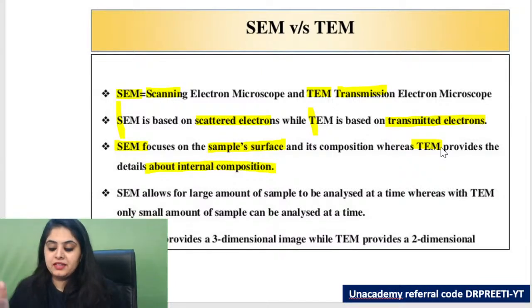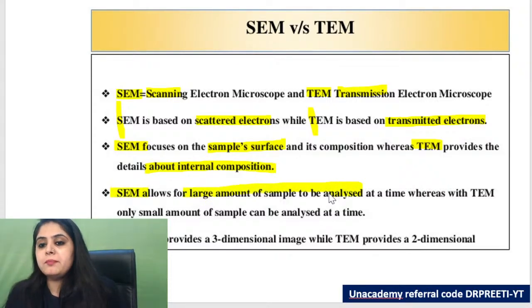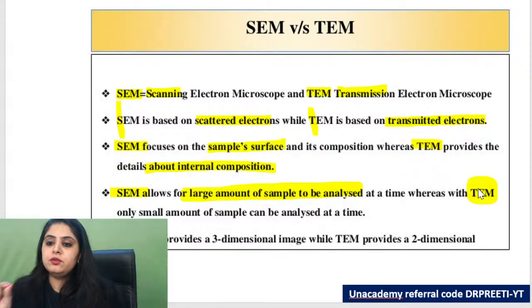When you're scanning, you're just flipping through pages, a lot of the course will finish quickly. So scanning allows for a large amount of sample to be analyzed because you're just superficially flipping through pages. In transmission electron microscope, you're looking at internal details. If you read one line at a time, it will take more time. If you look at every detail of the topic, you'll take more time.